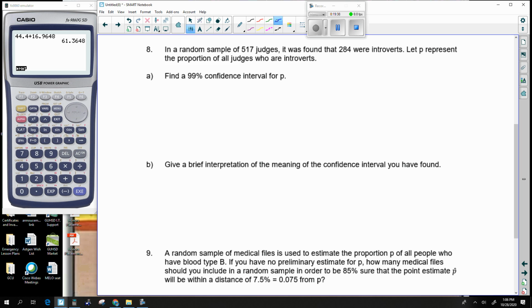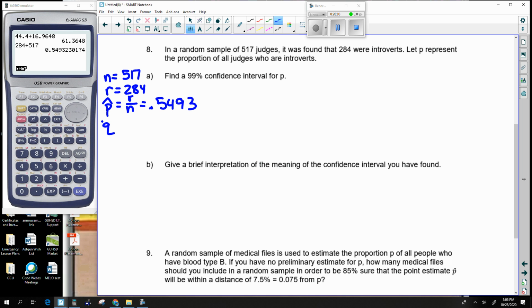All right, so here we go with probabilities. So I see that the N in this situation is 517 judges. The number of introverts are 284. So that means P hat, which is R divided by N. Again, it's going to be always the small divided by the big here, is 0.5493.